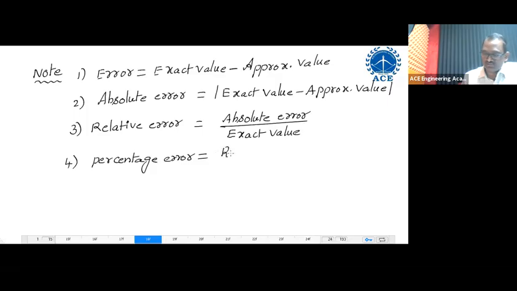Percentage error means the relative error multiplied by 100. That is percentage error. And what do you mean by truncation error?